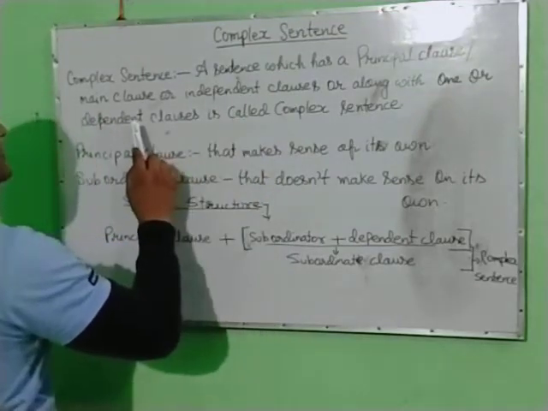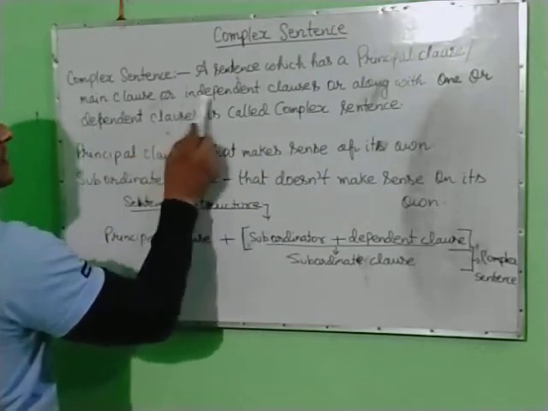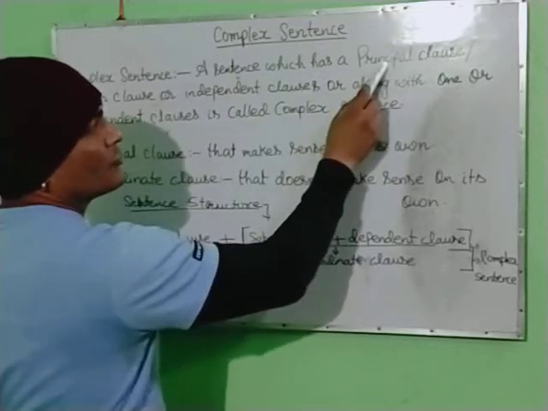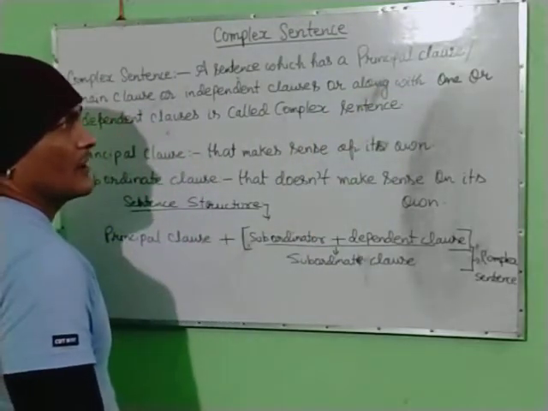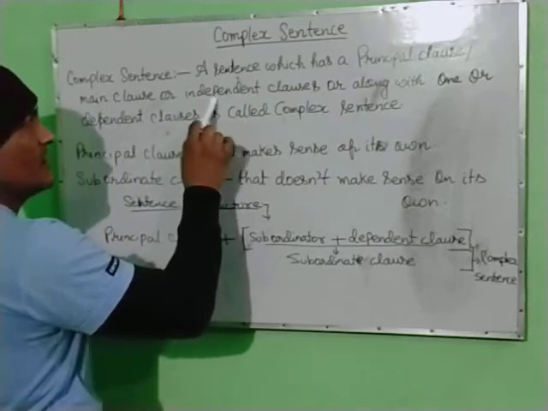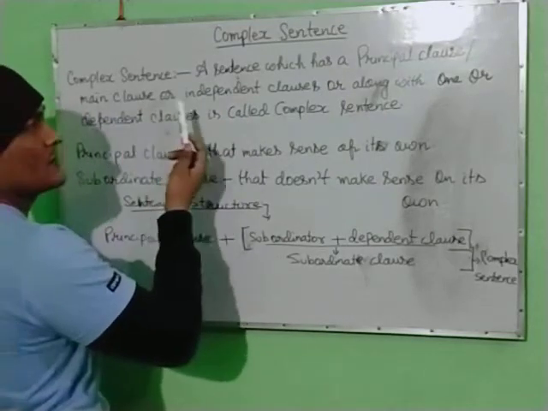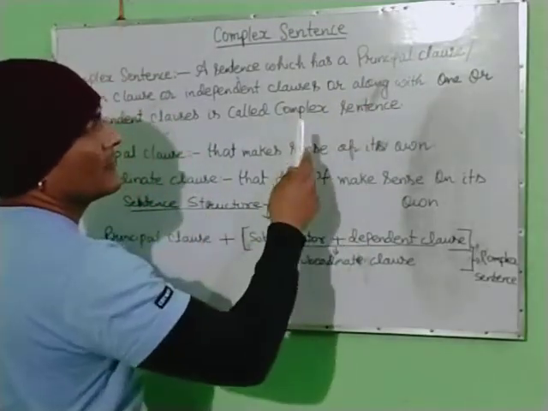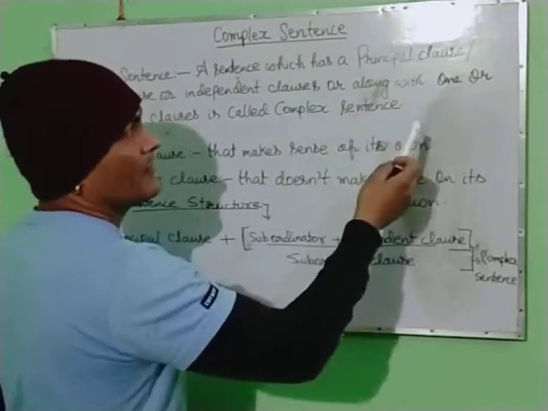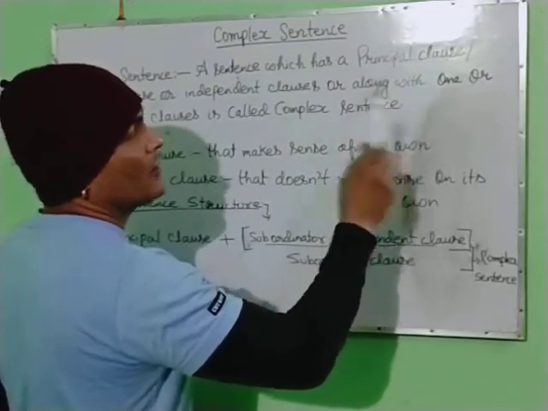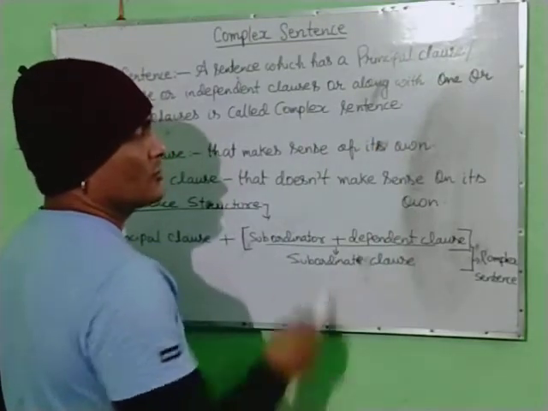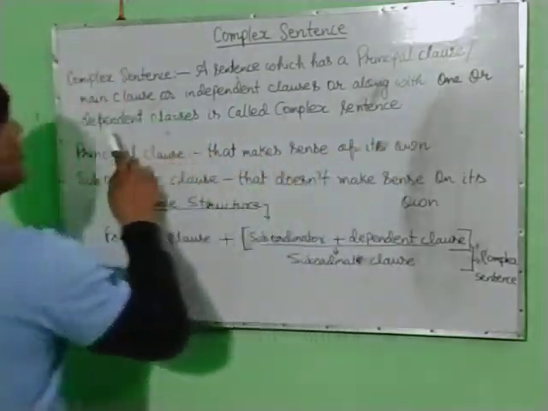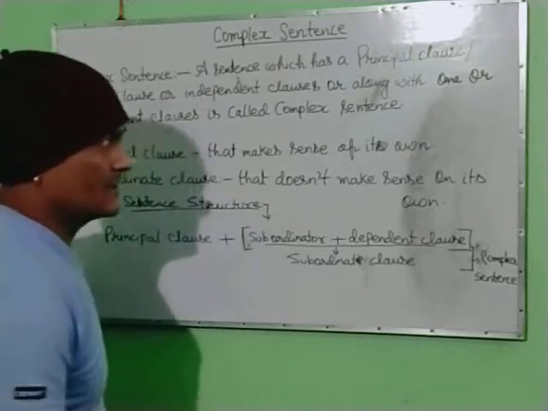Independent clause and main clause are both referring to the principal clause. So the three of them are the same, referring to the same sentence. Later on I will make you understand. Or along with one or more dependent clauses is called a complex sentence.